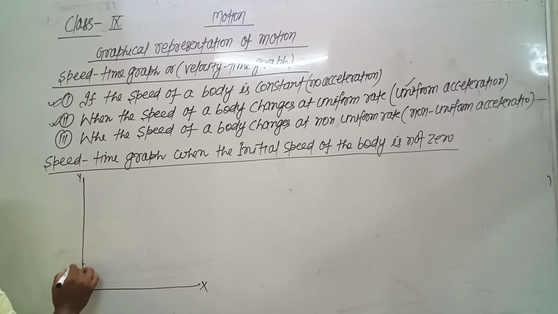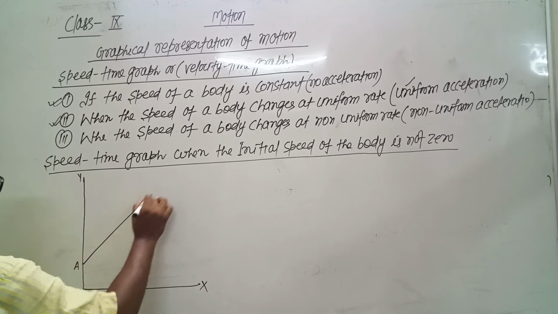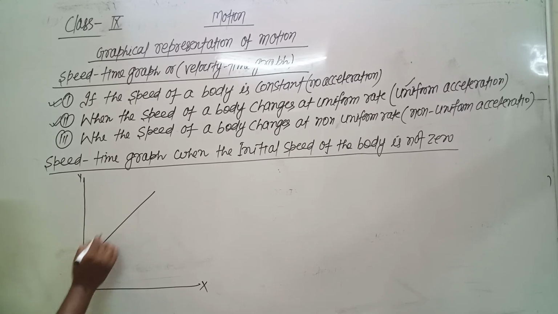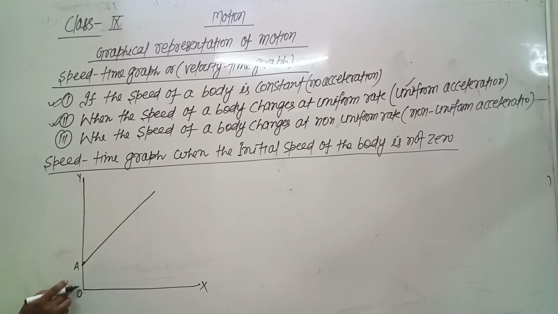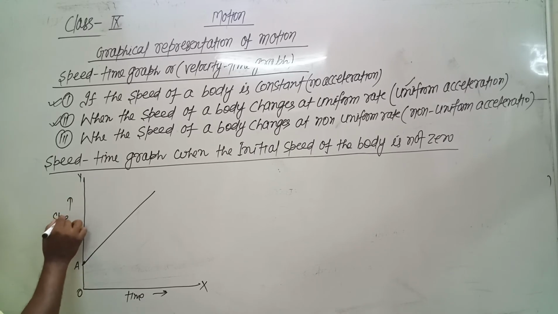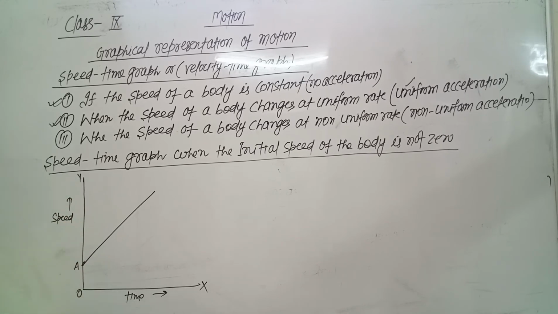Body started from point A and the graph is a straight line. So if body started from point A, it means its initial speed is not zero. This is the time axis and this is the speed axis. The body doesn't start from rest; it has some initial speed. Suppose initial speed is u.